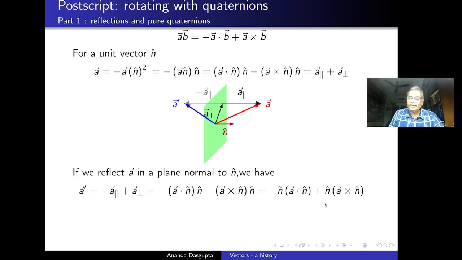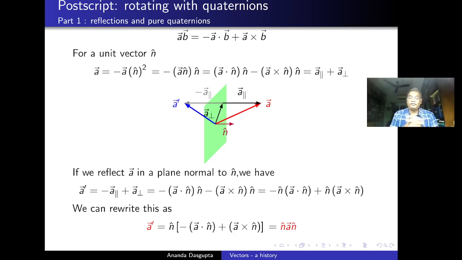But now if you take n hat common out to the left, what you are going to get is A prime is the same as n hat times minus A dot n plus A cross n, and this is nothing but the geometric product of the vector A with the vector n. So A prime is nothing but n hat A n hat.